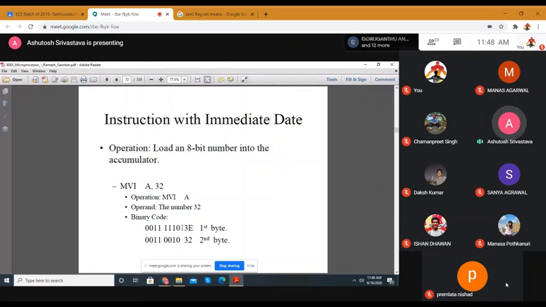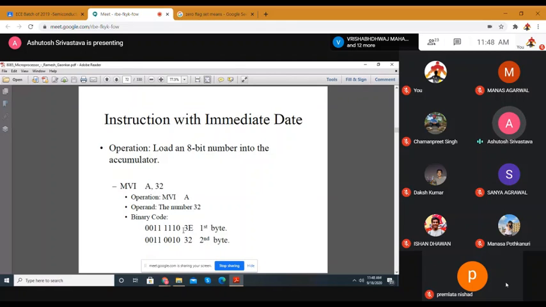So it is reserved for this particular instruction. Class, is this thing very clear? Yes, sir. Tell me, what did I say just now? So these binary codes are reserved for this operation, like for this MVI specific operation.